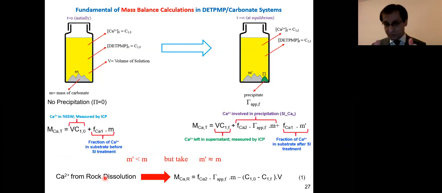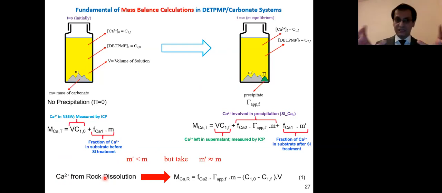That's why we assume the amount of the substrate hasn't changed significantly. So the calcium from rock dissolution equals the amount of calcium involved in precipitation minus the initial concentration of calcium in North Sea water and the final calcium left in the supernatant, multiplied by the volume of scale inhibitor concentration.